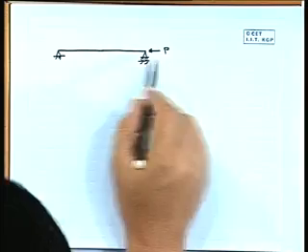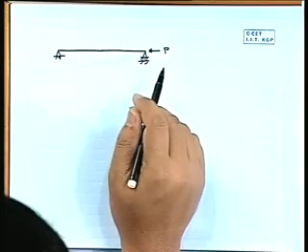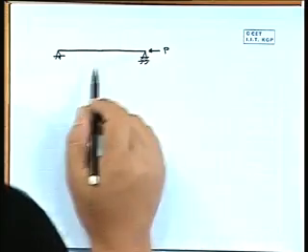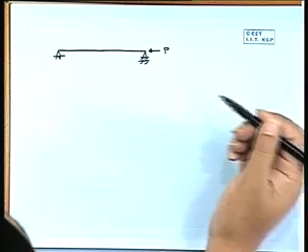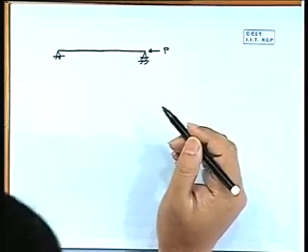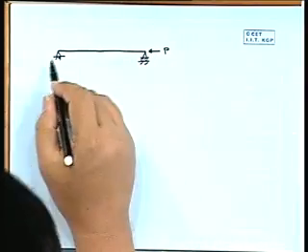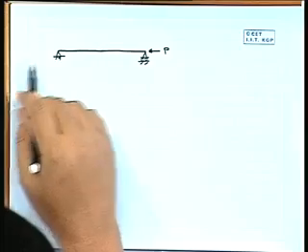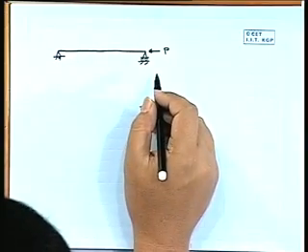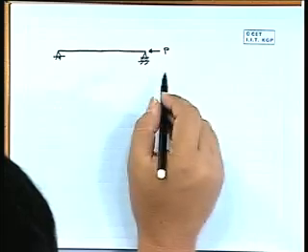Say the column is drawn in a horizontal manner. There is a load P acting from this side. This end is hinged, so automatically there will be a reaction force P. So P will be transmitted through the entire member, and everywhere it will be under P.